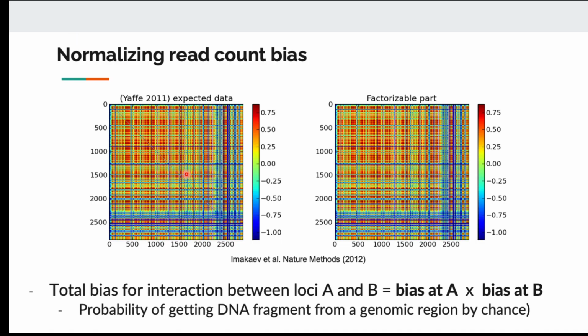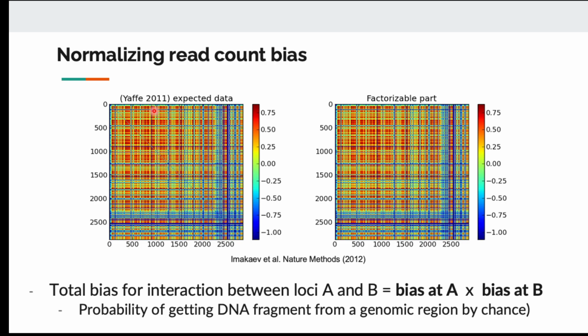So people found that if you don't normalize anything, you're going to see this kind of checkerboard pattern where some chromosome regions have very high reads. And when two chromosome regions both have very high read counts, you could get even more read counts involving these two segments.